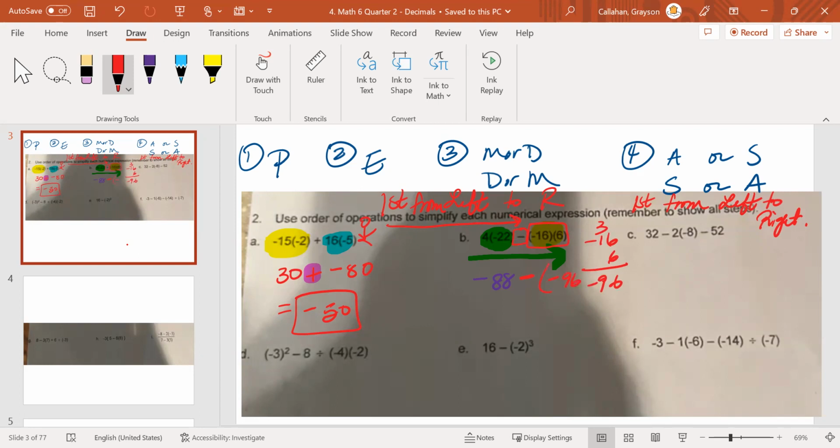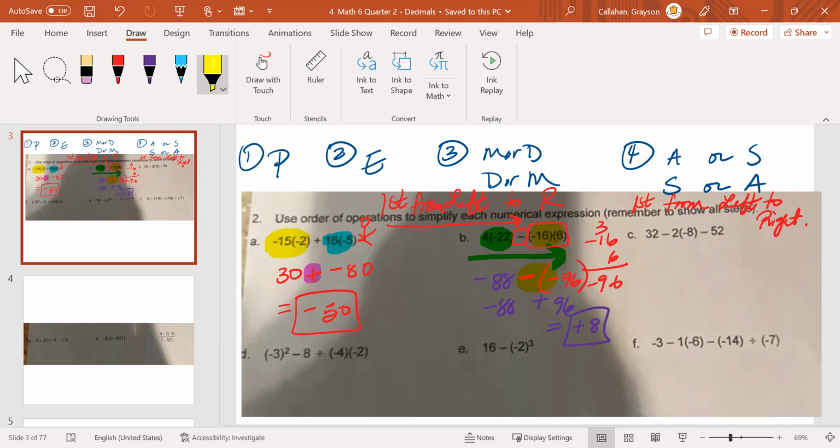Yeah. So you put a negative 96. Then you got to be careful with the double negative. That double negative is going to make you a positive. So it's negative 88 plus 96, which then gives you a positive 8. So that one is a little bit tricky because it has a lot of steps.